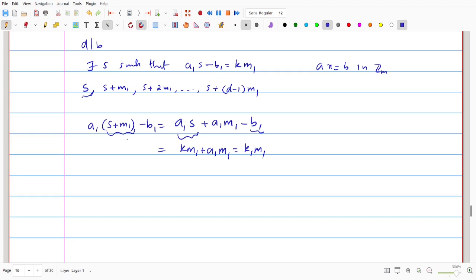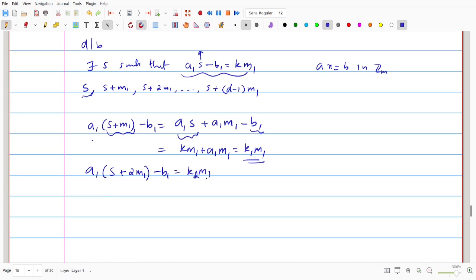As this s is a solution of this equation, where a1 s minus b1 is a multiple of m1, you can get a1 times s plus m1 is a multiple of m1 again. Similarly, a1 times s plus 2 times m1 is also a multiple of m1, and minus b1 is also there.